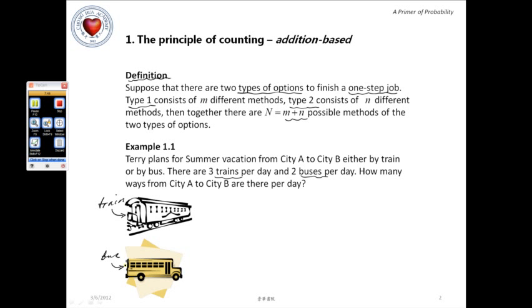Yes, we can verify that by saying that each train or bus per day can help move Terry from A to B independently. Accordingly, we can do the addition calculation, which is 3 plus 2 equals 5 different ways.